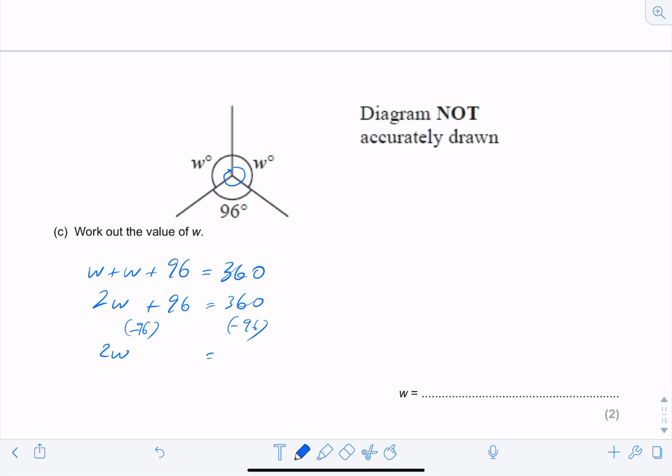Do that on the calculator, is 264, and then I'm going to divide by 2 on both sides, and it gives me 132. So W equals 132.